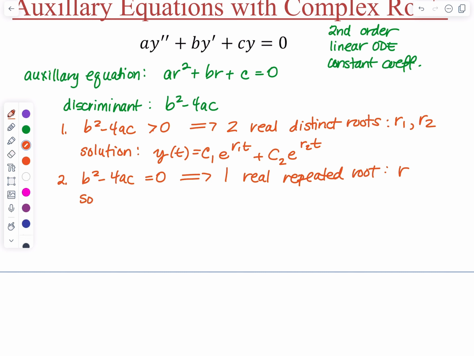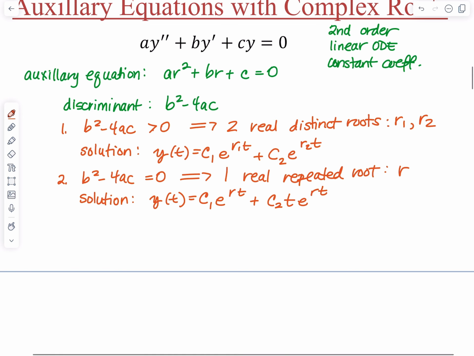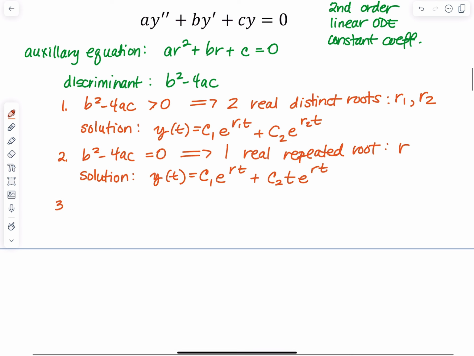So our solution that we had looked like this. c1 e to the rt plus c2 t e to the rt. And then now this is what we're going to be looking at in this video.